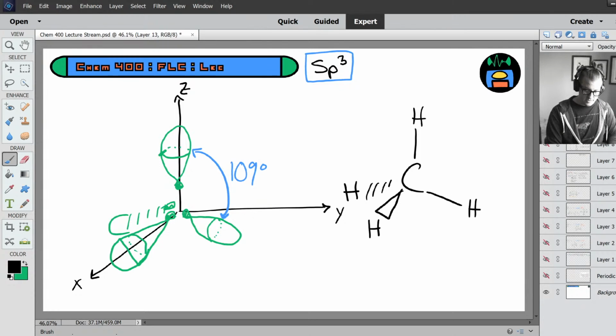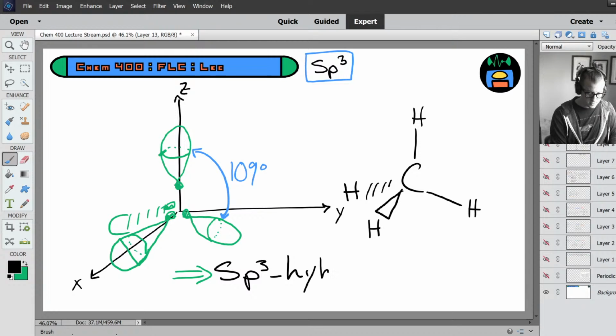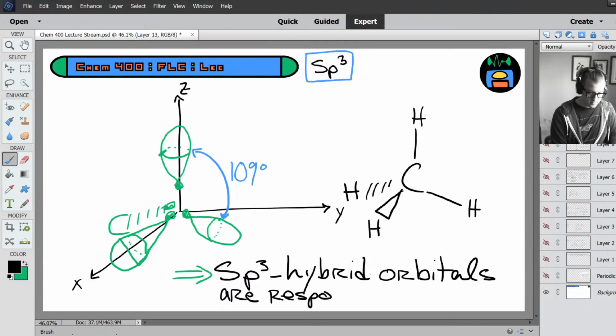These sp3 hybrid orbitals are responsible for the bonding we see in this molecule.